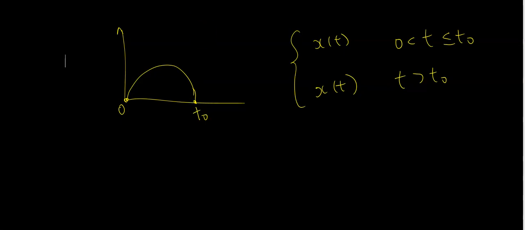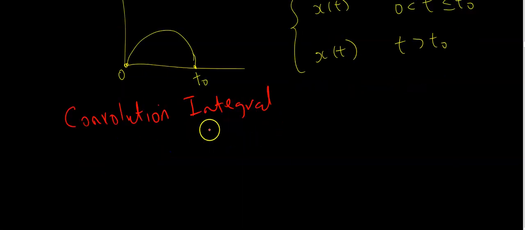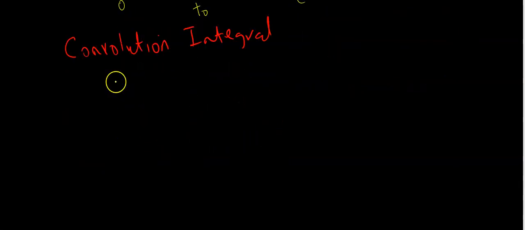So just to be clear, we're going to use the convolution integral, and I'm going to focus on times t less than or equal to t naught, but greater than or equal to 0. What is the equation of motion?